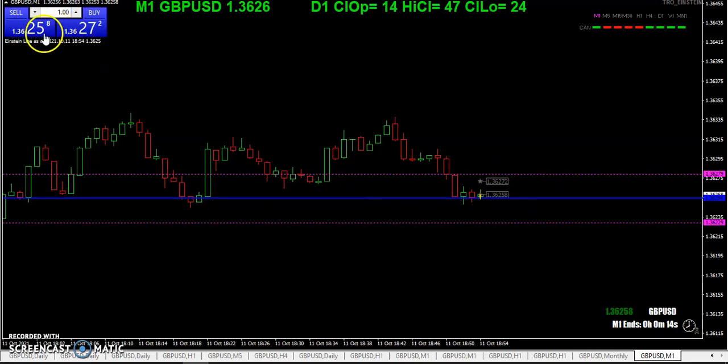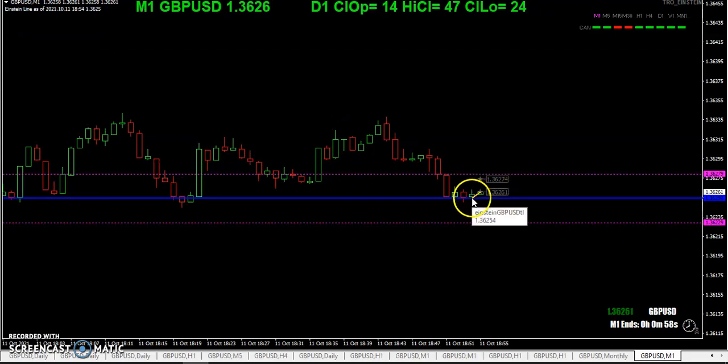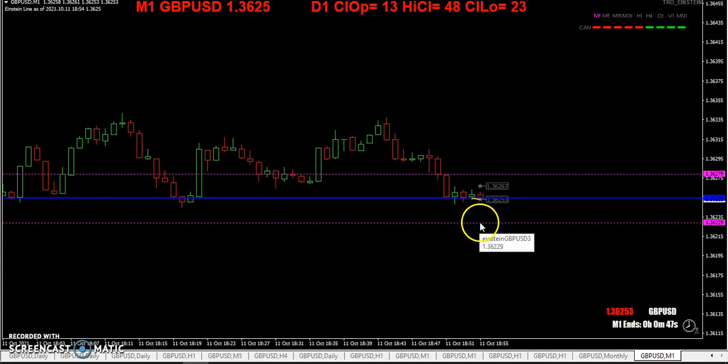It represents here 25.8, 27.2. So you can see where bid and ask are relative to where you opened. The idea is to go long here, go short here.